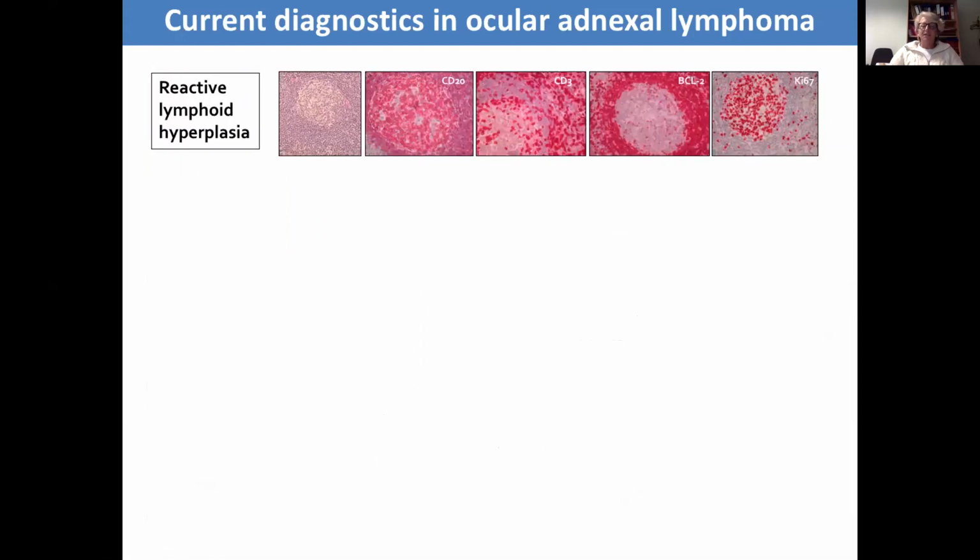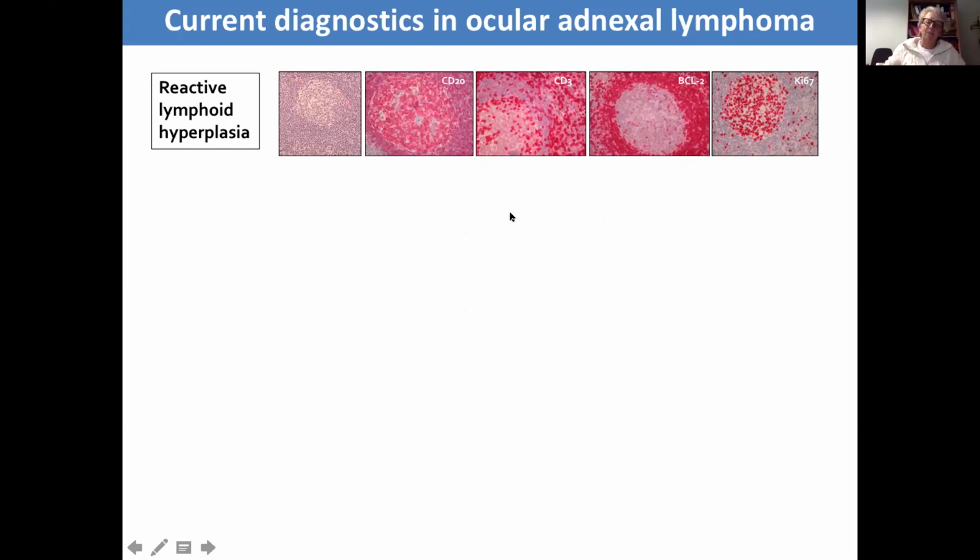So the main differential diagnosis of the MALT lymphoma is a simple reactive lymphoid hyperplasia. And so you really have to look at the morphology of the lesion that you're sent, and undertake an immune panel to rule out a reactive lymphoid hyperplasia.